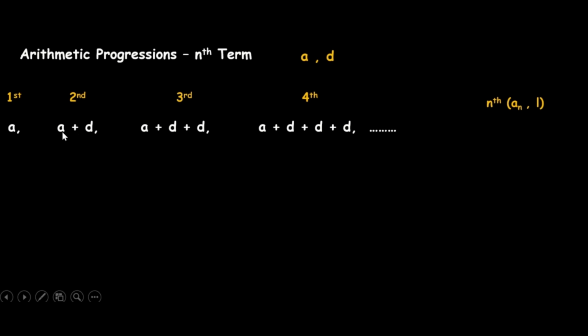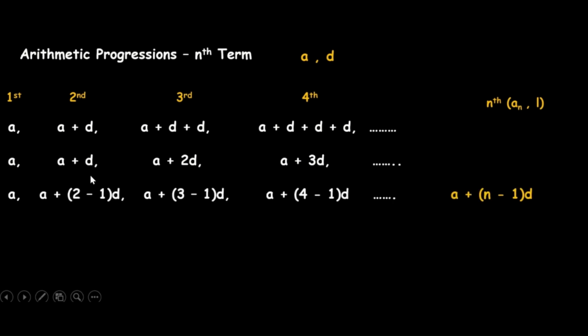And adding D to A plus D, we get A plus D plus D as the third term, and so on. Simplifying that, we can write the terms of the arithmetic progression as A, A plus D, A plus 2D. And similarly, the fourth term would be A plus D plus D plus D, which is A plus 3D, and so on.